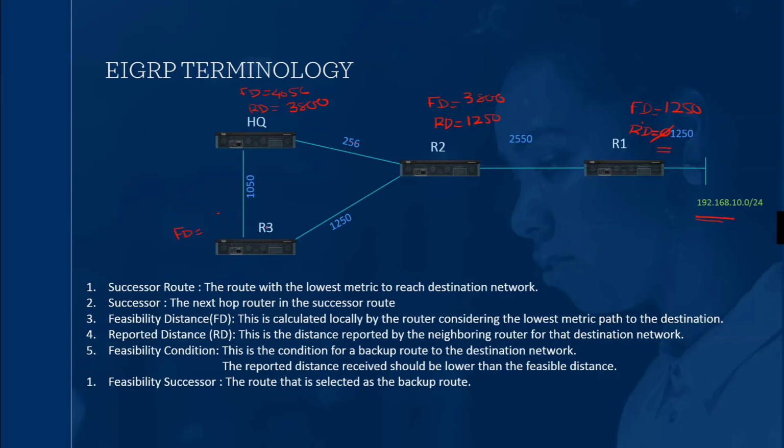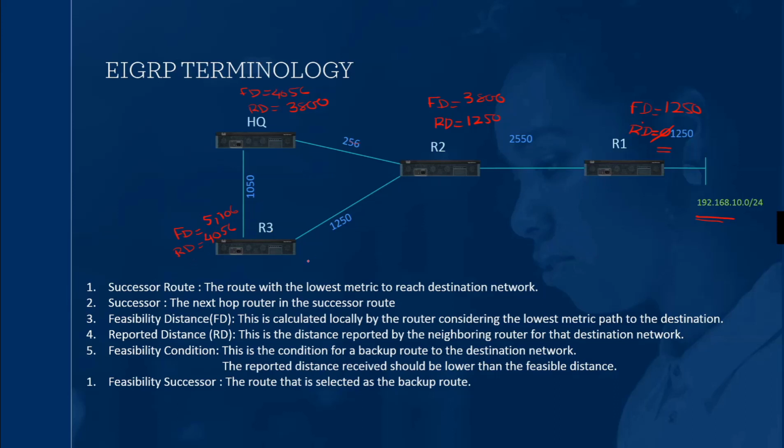Now, if you come down here, the feasibility distance from R3's perspective, when there's a packet coming from edge Q, is going to be 5,106, and the reported distance is going to be 4056.